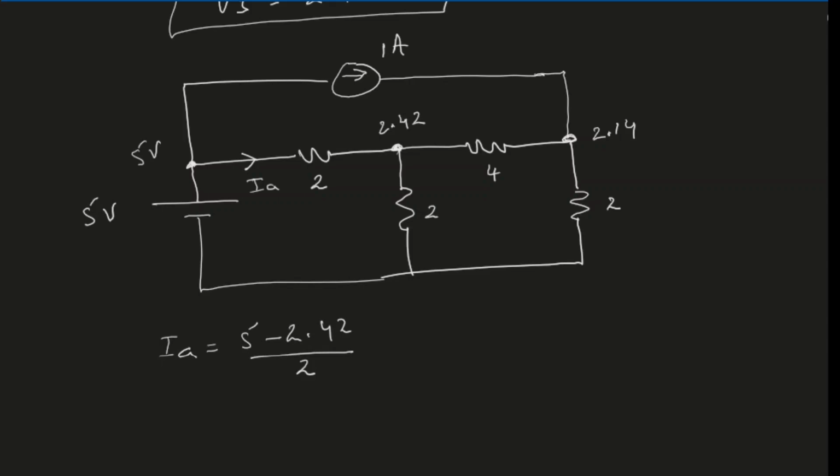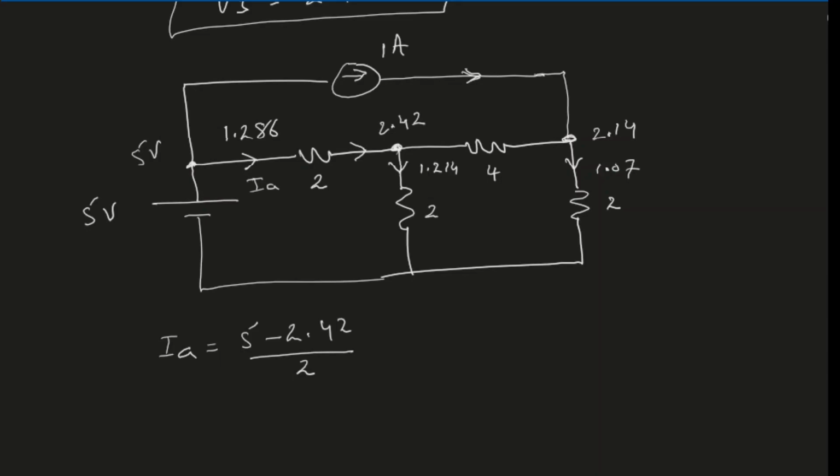If we solve this, this current is 1.286. 1.286 amperes are flowing in this branch. Similarly, we can find the current over here, and I calculated this current to be 1.214 ampere, and the current in this branch is 1.077, and we know that the current on the top branch is 1 ampere.